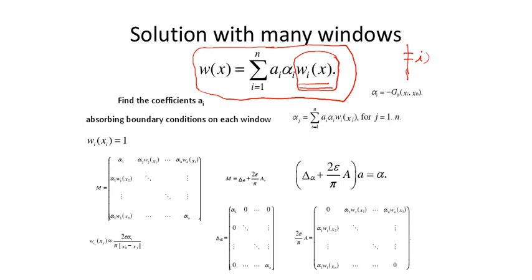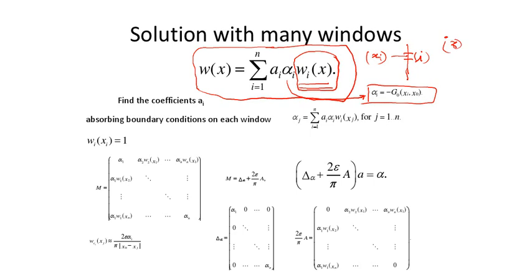Let's call it i. And here we have a coefficient, so I have added here alpha i, which is minus the Green's function calculated at the center xi, which is the center of the hole, and x0 is the point where we had the source, if you remember 2 slides ago.